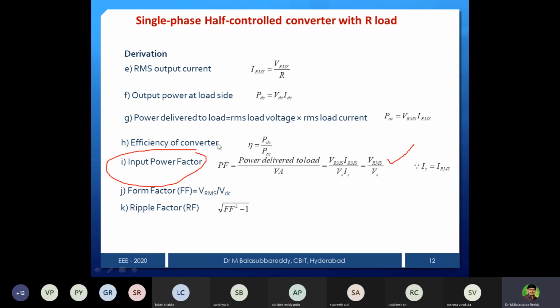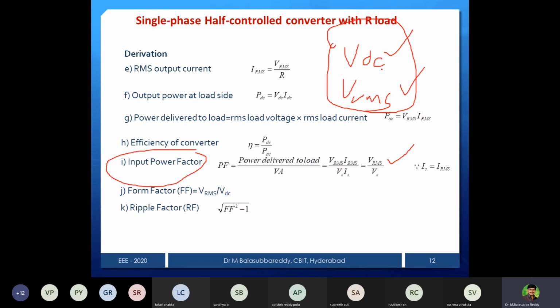And why I am telling this: for all other controllers, except the VDC expression and the VRMS, these two, all the other things are formulas only. In any controller, whether you change the load or you change the controller, VDC will change, VRMS will change.